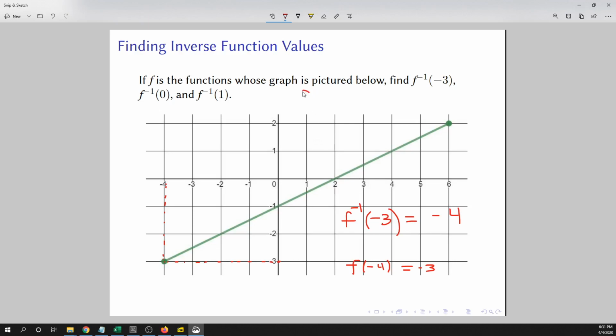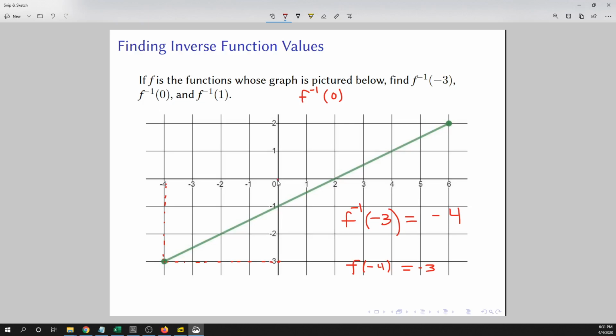All right, let's do f inverse of 0. So the process is we would look on the y-axis for 0, and that's right here.